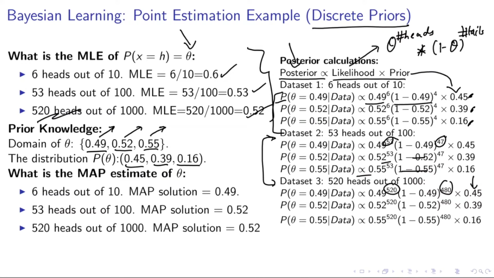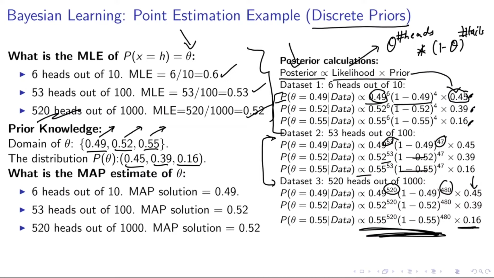If you look at the posterior, it has the prior, which is just one value between 0 and 1, and other values which are also between 0 and 1, which are raised to some power. As you can see, as more and more data comes in, the likelihood term, because these are nothing but probability terms raised to some power, and the power keeps on increasing as the data set size increases, that likelihood term will dominate the prior term.